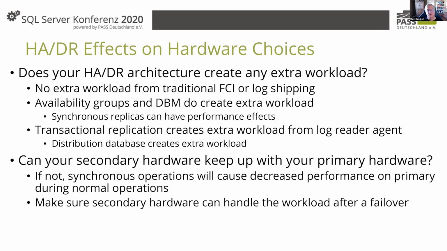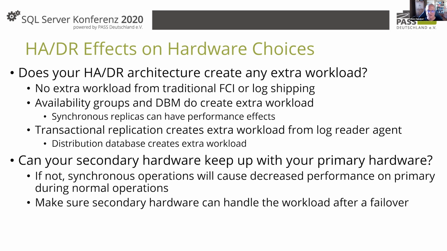You also need to make sure that if you're using something like availability groups, you're typically running on one node most of the time, and then you have secondary replicas. Ideally, you want the hardware to be identical, but what a lot of people end up doing is they use older or slower hardware for their secondaries. And you want to make sure that the secondary can keep up with the primary, especially if you're doing synchronous replicas.